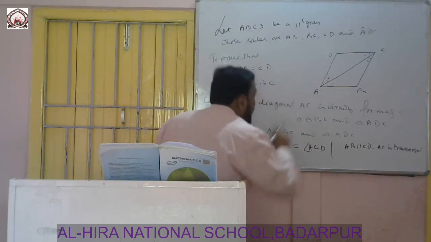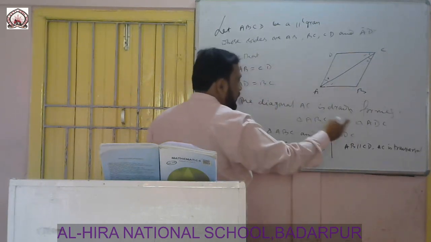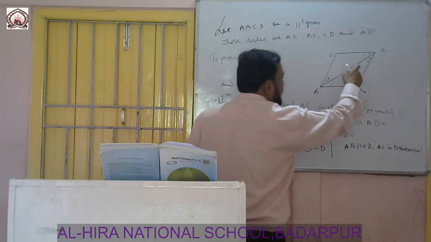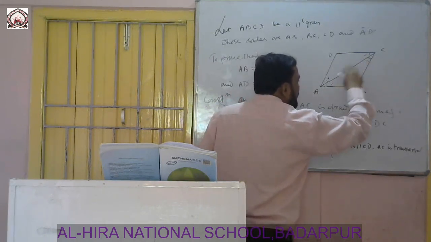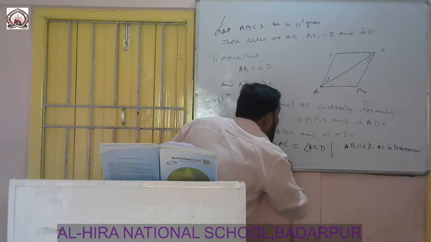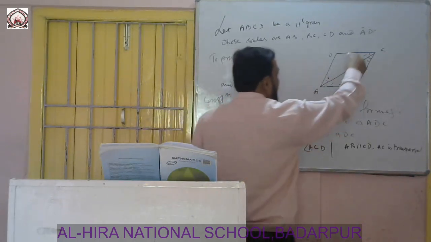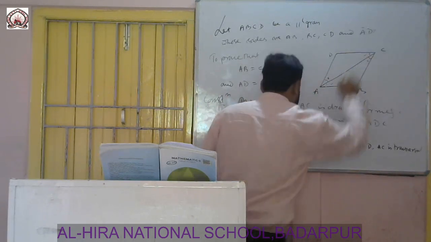As it is triangle ABC, we will mention the angle of this triangle first: angle BCA is equal to angle DAC.